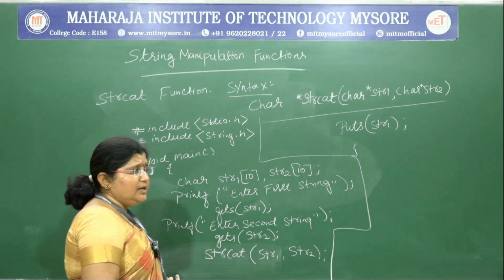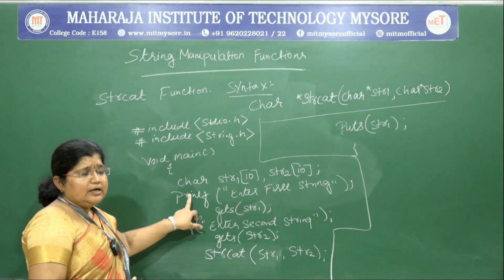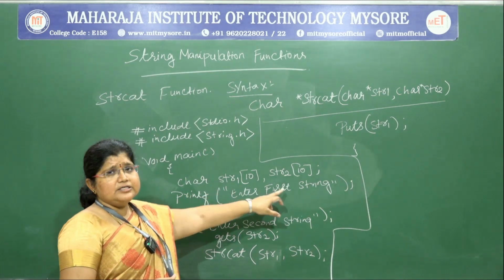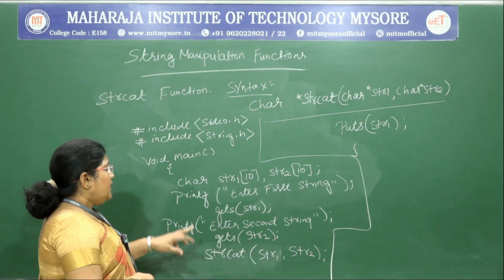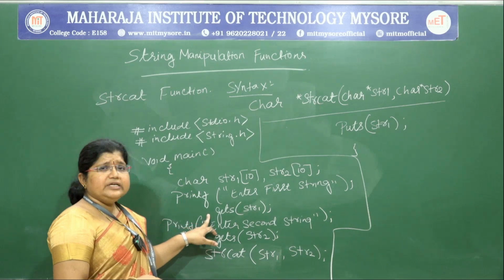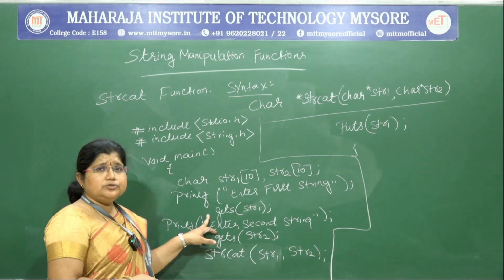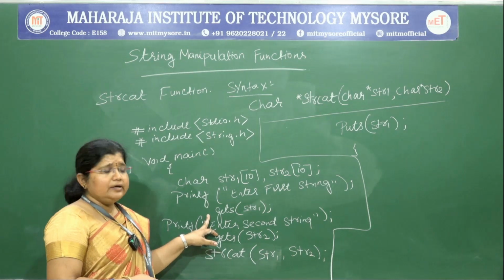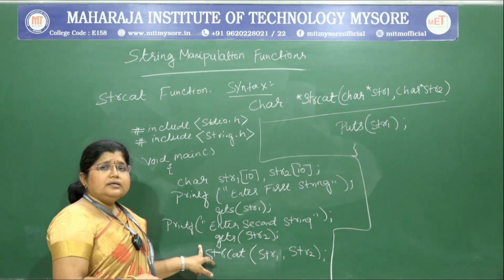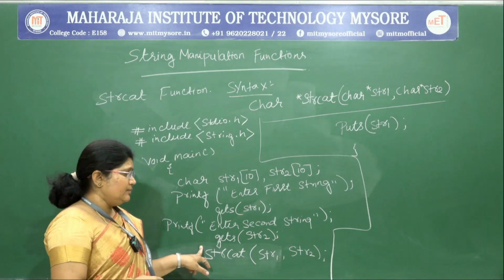Now look at this particular operation with an example. In this example, we are considering two strings, string 1 and string 2. Enter the first string by using the gets function. The gets function is used to enter the string. Next, the same function is used to enter the second string.